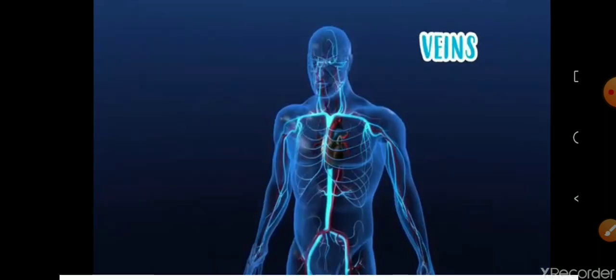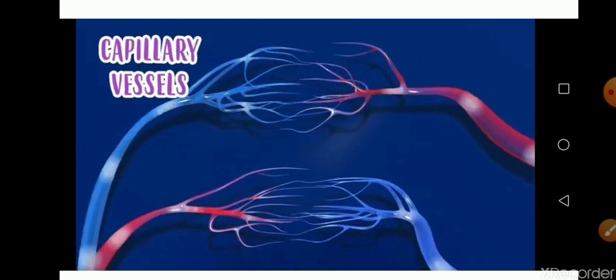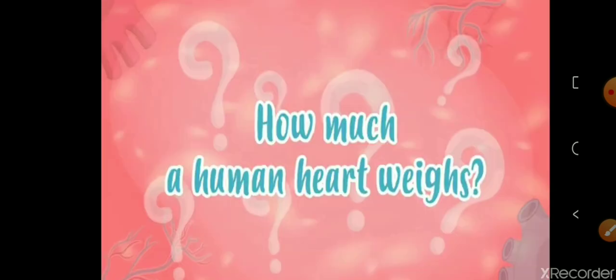Veins are the blood vessels that carry deoxygenated blood, the blood which has a poor quantity of oxygen. They carry that blood from the different parts of the body to the heart. And capillaries are the blood vessels that are very thin and hair-like in structure, and they connect arteries to the veins.